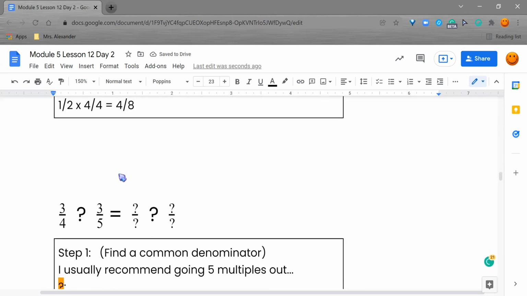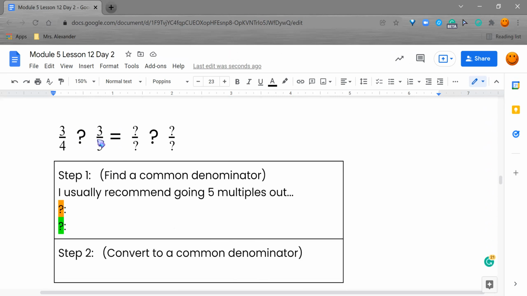Let's go to one more example. We have 3/4 and 3/5. Which is bigger? I'm going to take the 4 and the 5. These are the numbers I'm looking at. So I'm going to go 4, 4 plus 4 is 8, 8 plus 4 is 12, 12 plus 4 is 16, 16 plus 4 is 20. Remember, I always go 5 numbers out. If I need to add, I can.